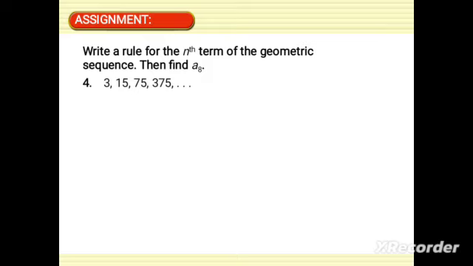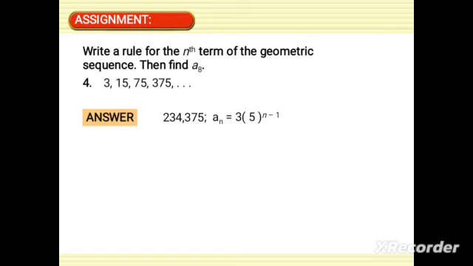The first term of this sequence is 3, and the common ratio is 5. So for the eighth term, the answer will be 234,375. That is the eighth term if you work it out.